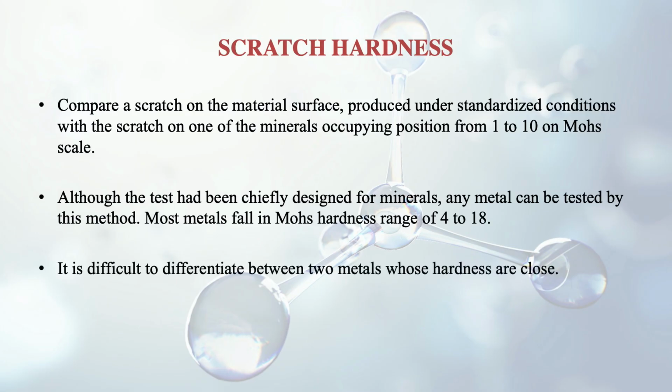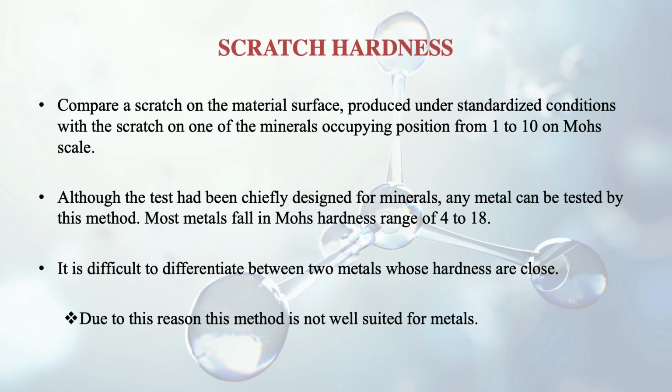And it is very difficult to differentiate between two metals whose hardness are very close. That is the reason why this method is not well suited for metals, because if the hardness of two metals is very close, then the Mohs scale cannot tell about it. So we are not using this for metals as such.